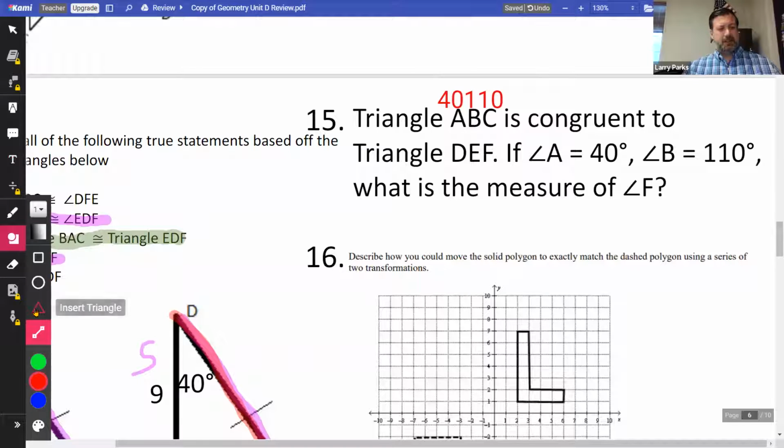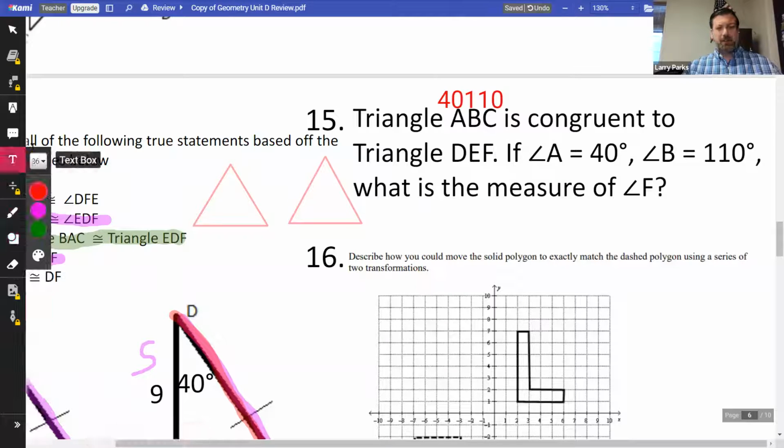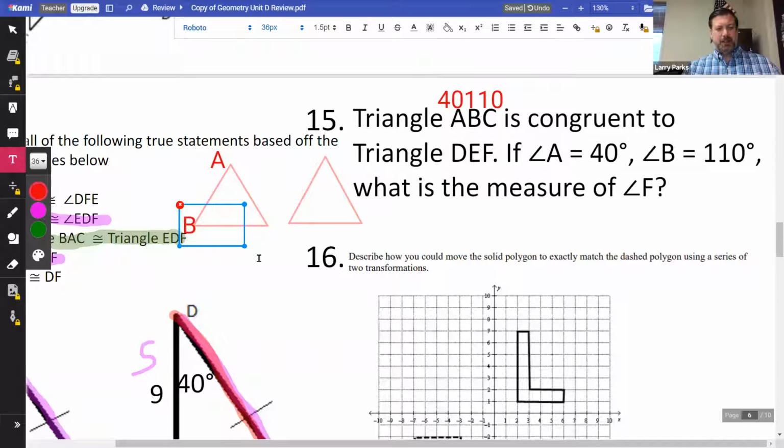Well, maybe a picture would be nice. So we got A, B, C. Do it in the same order. That'd be D, E. You don't have to draw a picture, but just trying to help you understand this better.